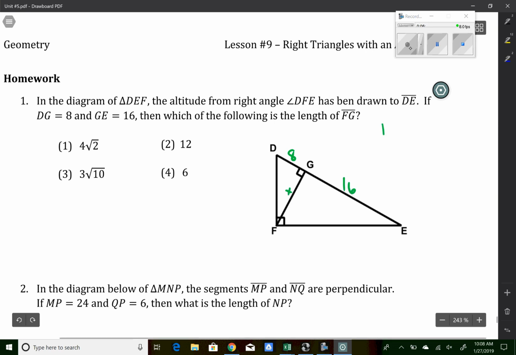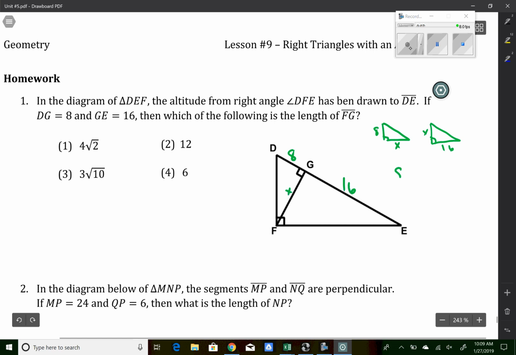So looking at my separate triangles, the small triangle has a short leg of 8, a long leg of X. The medium-sized triangle has a short leg of X and a long leg of 16. That's all I need.